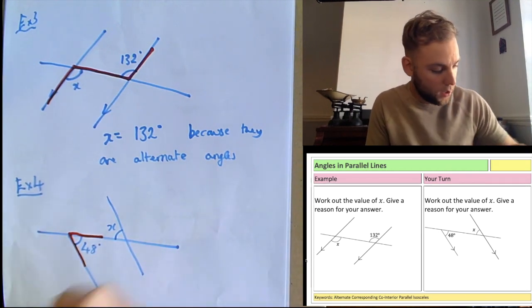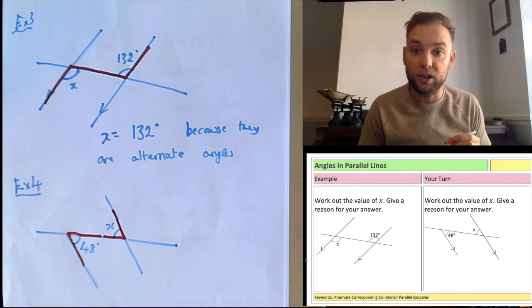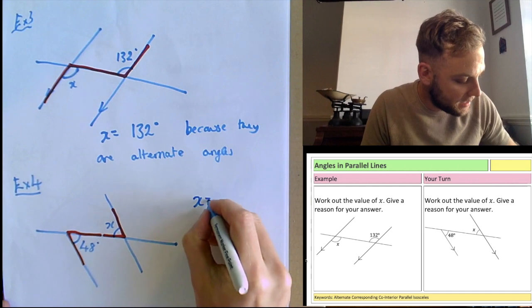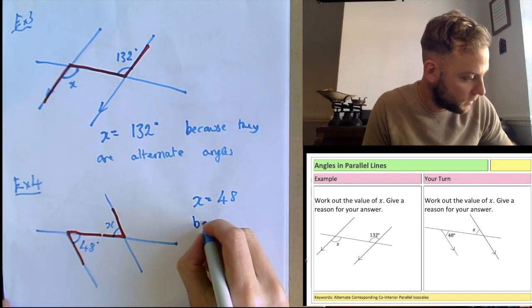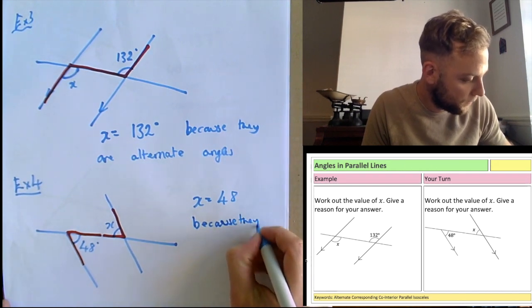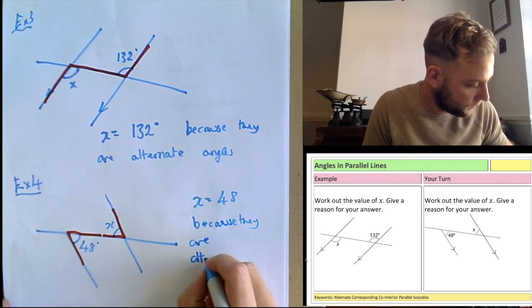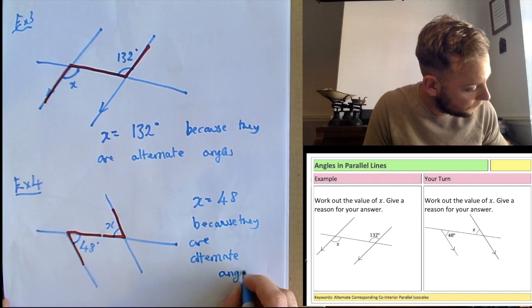No, I can't. But can I draw the other way? Yes, I can. So it's an alternate angle. Brilliant. So that means that x is equal to 48, again for the reason above, because they are alternate angles.